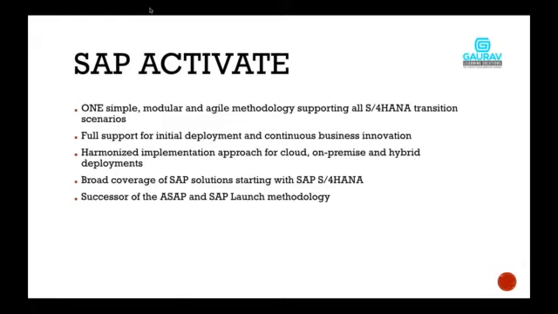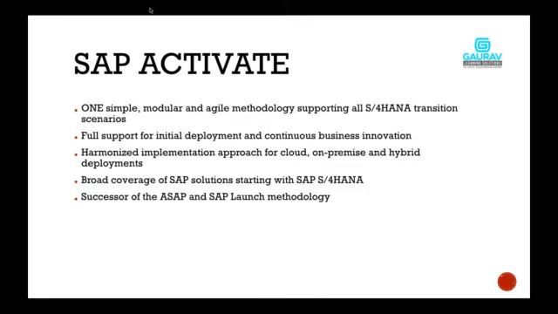And SAP is trying to make use of these latest trends. They want to make their methodology agile, using the scrum master concept, and utilizing the best project management practices. Going to point number 2, it provides full support for initial deployment and continuous business innovation. So it is not only for the first-time implementation that you can use SAP Activate methodology, but also for continuous business innovation.